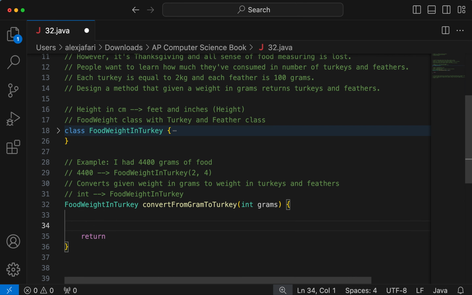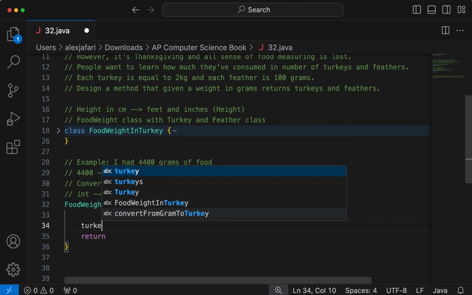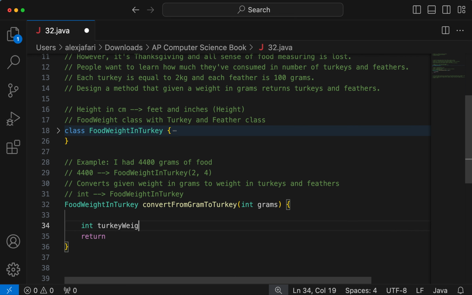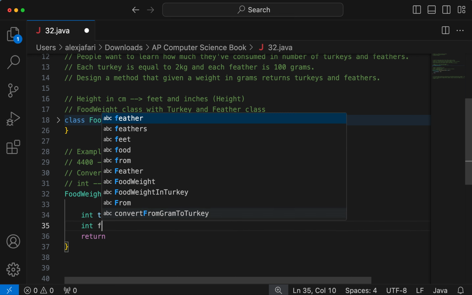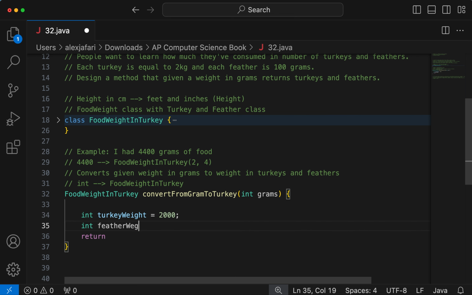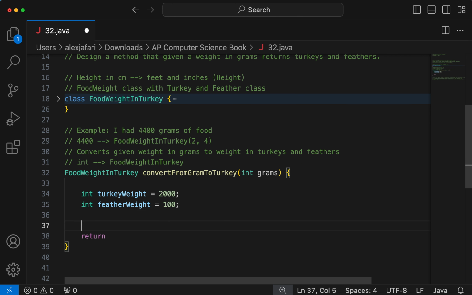So initially, we know that turkey weight is going to be 2,000. And feather weight, it's going to be 100, right? And we have the grams input.